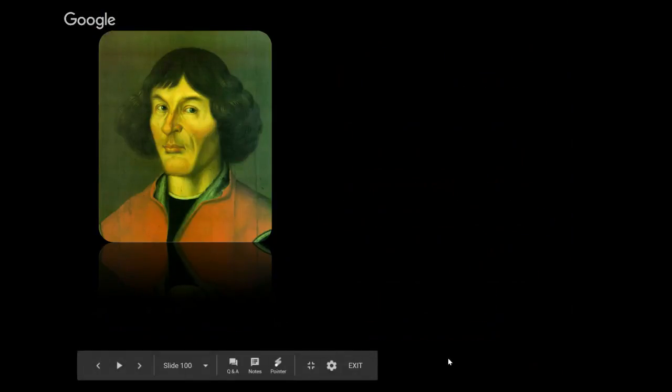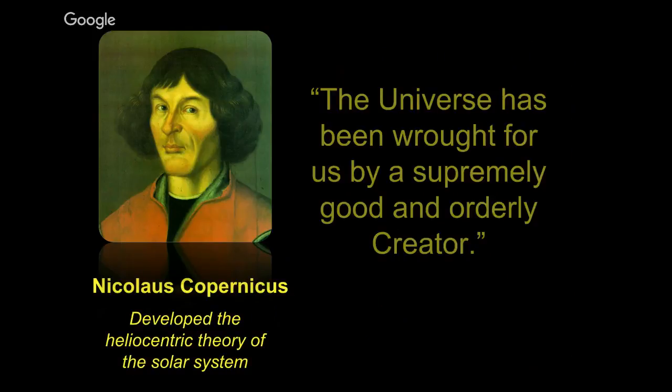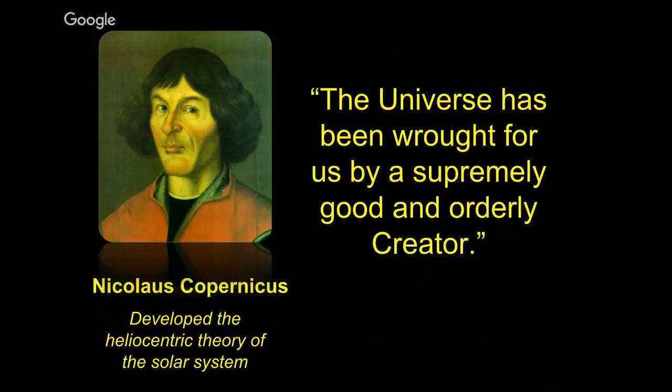Copernicus is the guy that discovered that the sun is the center of the solar system, not the earth, like the original church thought. And he said, the universe has been wrought by a supremely good and orderly creator.